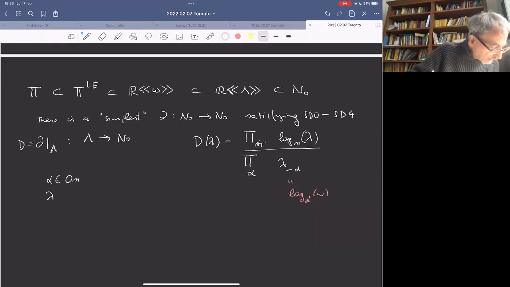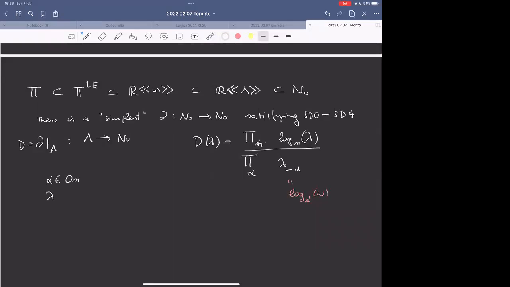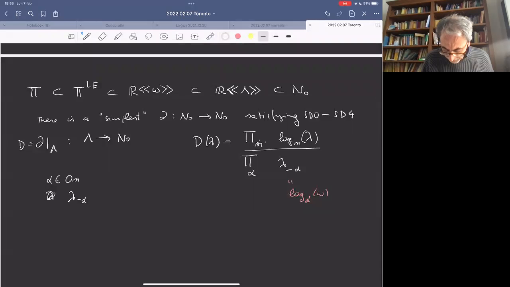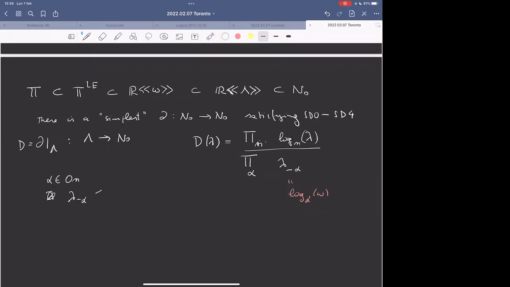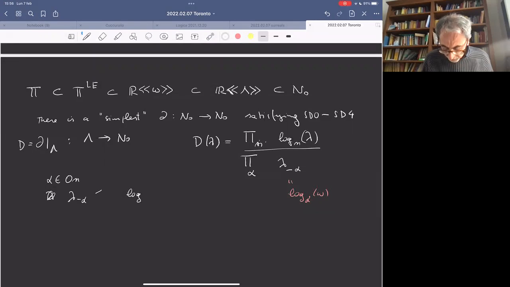How was it? Just a moment. Vincenzo, are you online to help? Yes, so you have to take all the alphas such that log alpha omega is greater than log n of lambda for some natural number n. No, log alpha omega is lambda minus alpha, right?